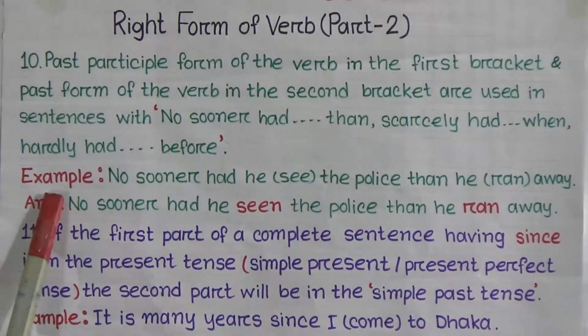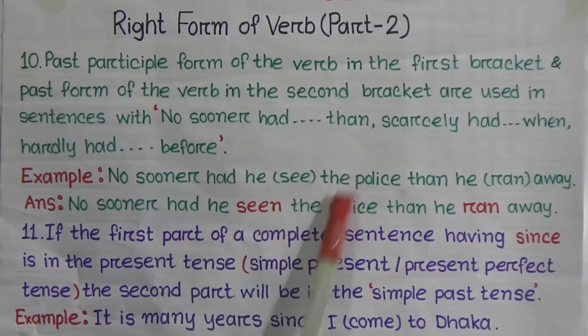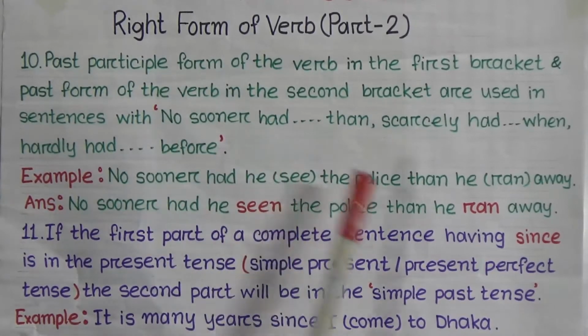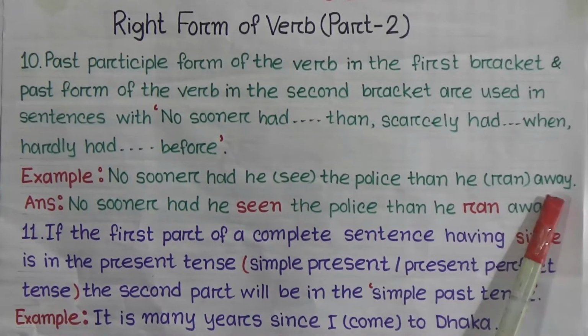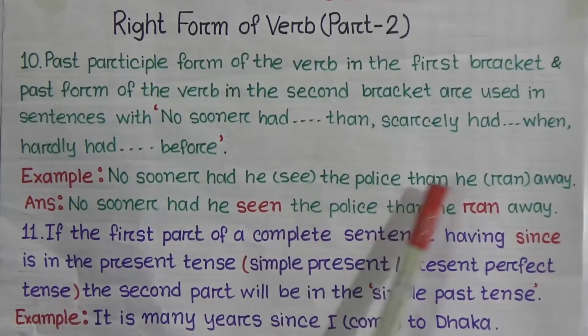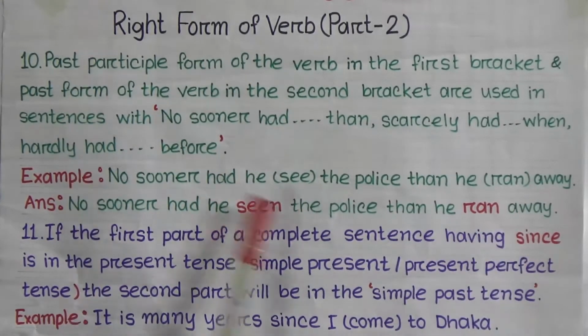So look at this example. No sooner had he, and in bracket the given verb is see, the police than he, in bracket, ran away. No sooner had he see the police than he ran away. This is the given example. You have to use the correct form of the verb.